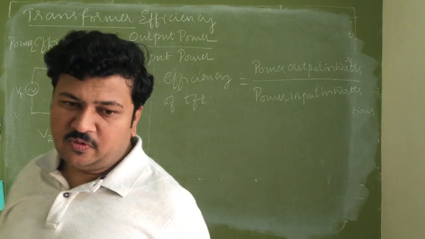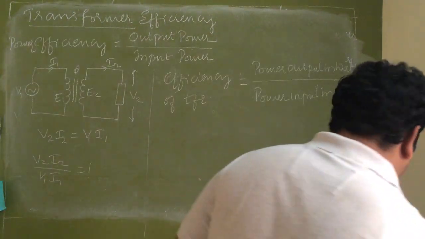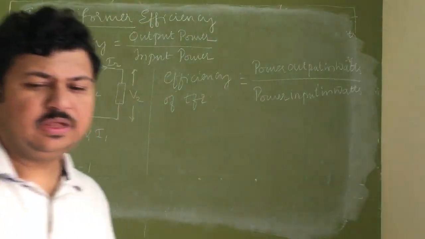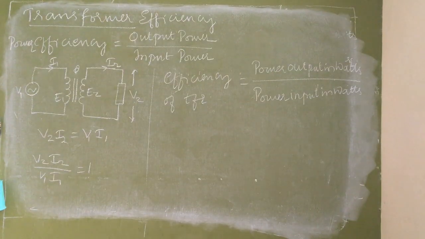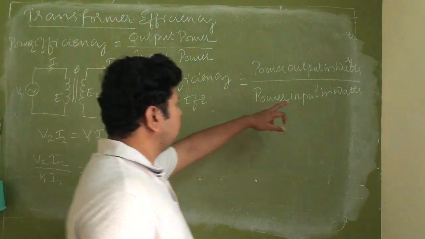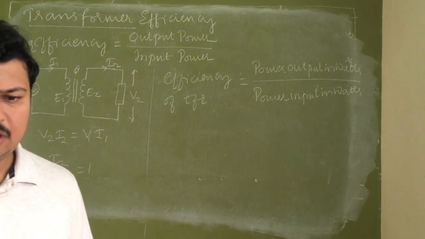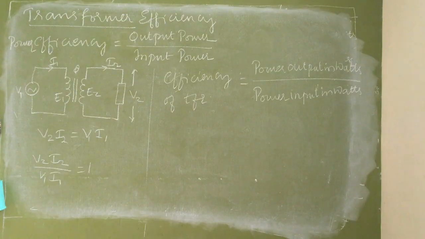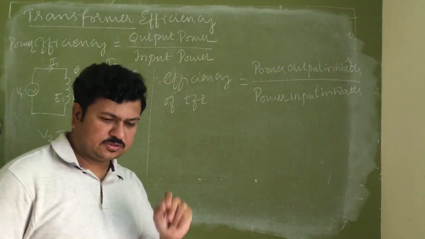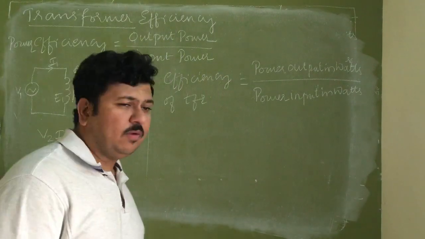So the wattage power is my consideration. How many watts the output is taken from how many watts of the input. Definitely output watts will be less than the input watts. We know that watts is the unit of active power or real power, or power consumed or power utilized. So efficiency of transformer is specifically the ratio of power output to power input, compulsorily in watts.